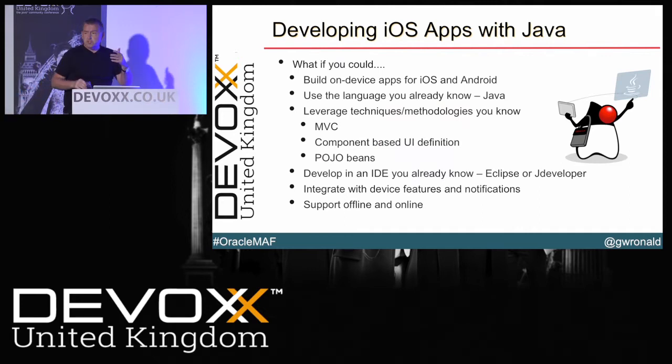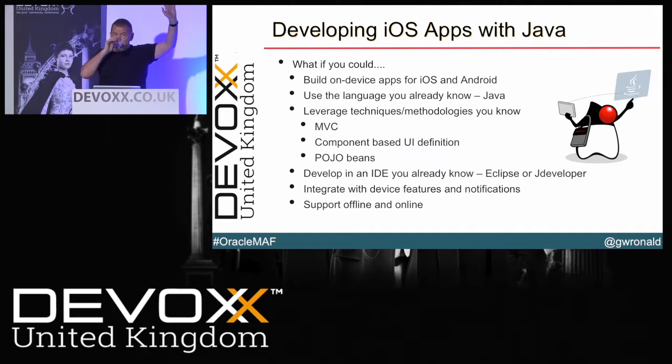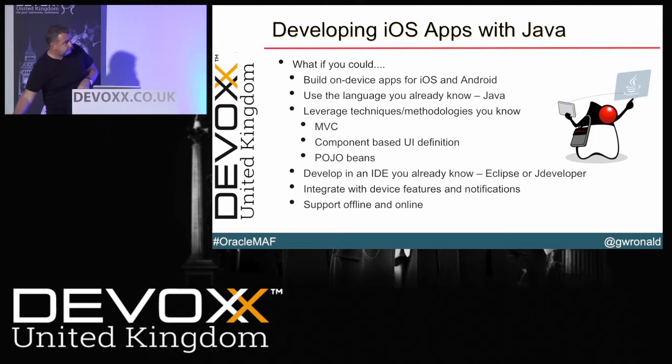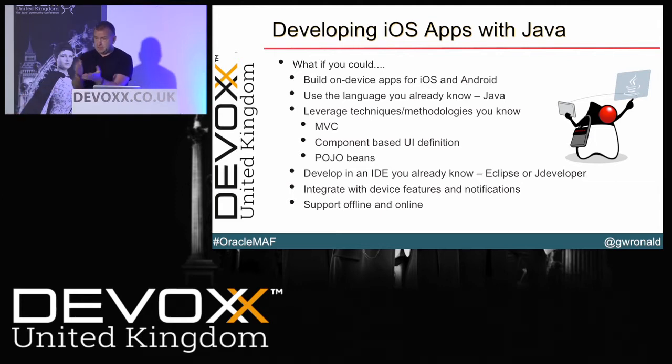So, how many people are Java developers here? Fantastic. So what if, as a Java developer, you could develop applications running on Android, but also on iOS devices as well, something you maybe thought you never could do before?